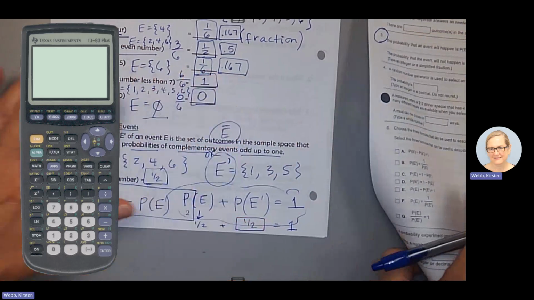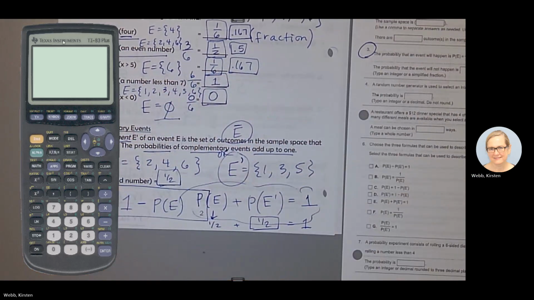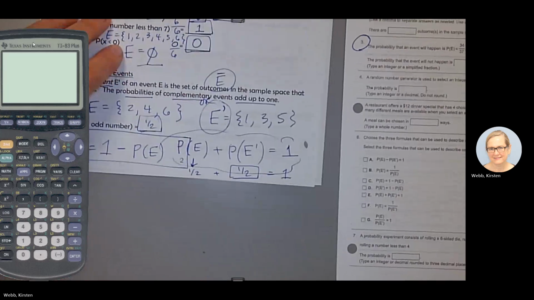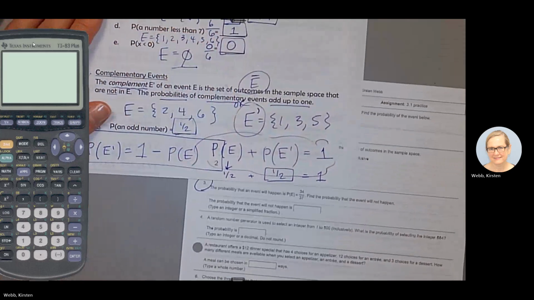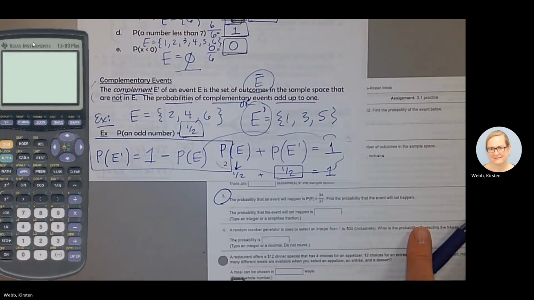Even like this number 3 right here. Does anyone have anything they'd like to ask in general about the complement idea before we check on this number 3?